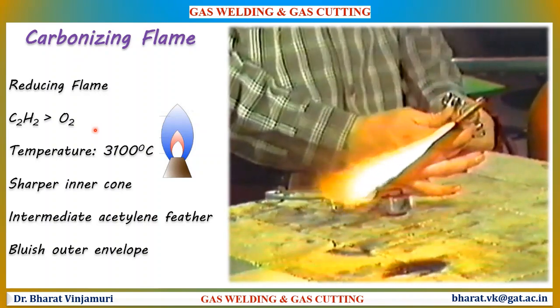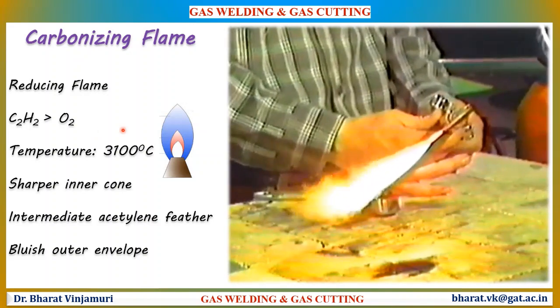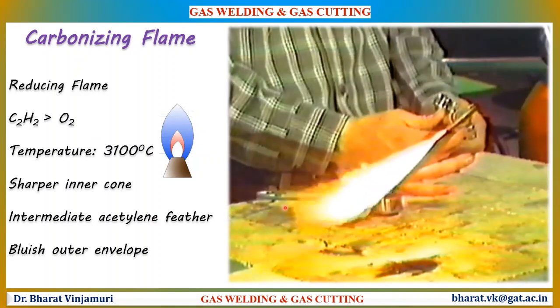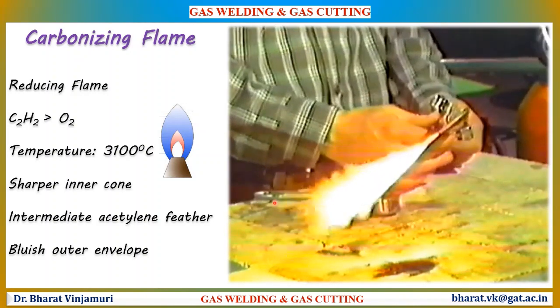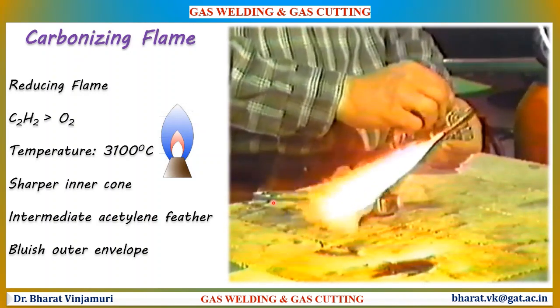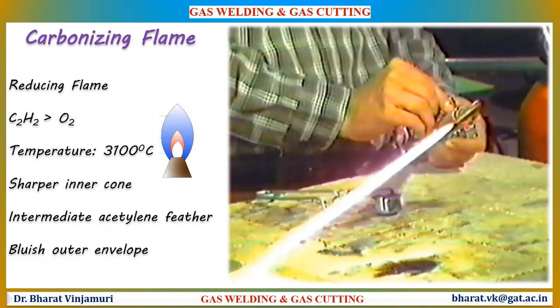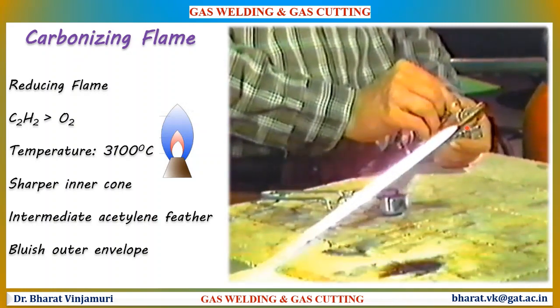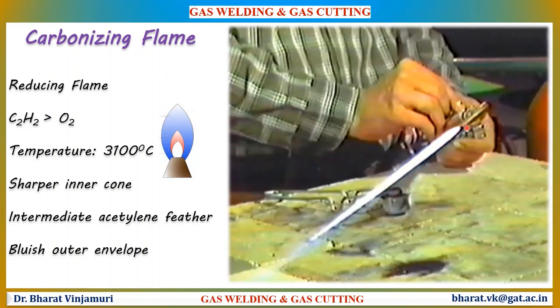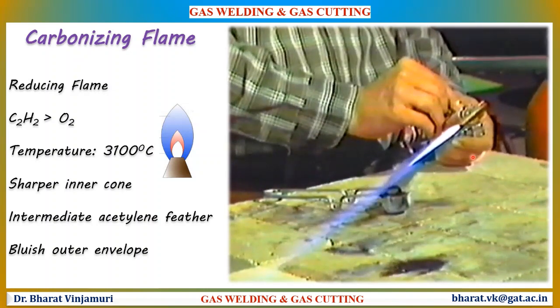Adjust the acetylene valve to produce a smokeless acetylene flame. Once the smoke is reduced, open the oxygen valve slowly. As you increase the oxygen, the acetylene flame will turn into purple color and the greenish color inner cone starts to form.